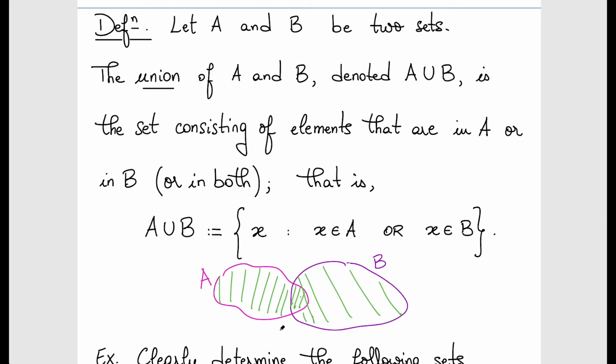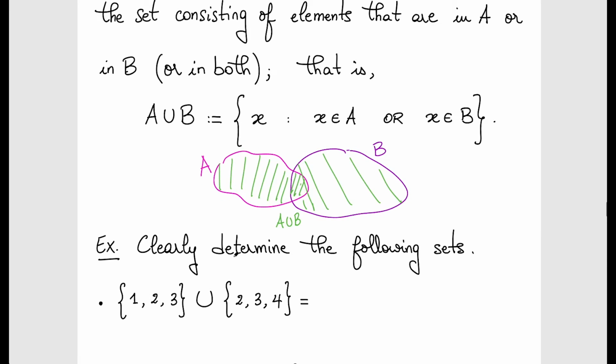So that's the A union B. So these would be, in the case of marriage and so on, non-common relatives. These would be also non-common relatives, and these are common ones. But those common ones remain in the bigger family, in the union of the two families.